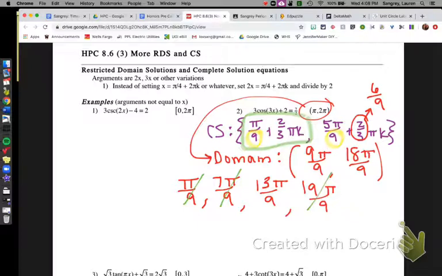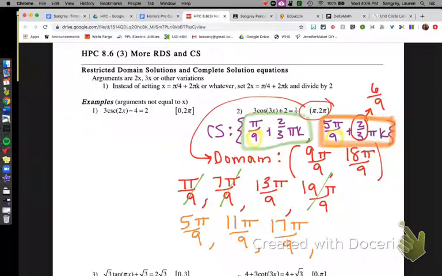Okay, now I'm going to look at the second solution, which is the 5 pi over 9 plus 2/3 pi k. So in orange there. As I start writing these out, the very first one is 5 pi over 9. We can already tell that that's not going to be in the domain. The next one is 11 pi over 9, then 17 pi over 9. Remember, I'm just adding 6 pi over 9 each time, which is the equivalent to 2/3 pi.